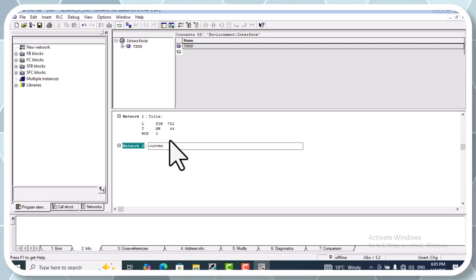MV is divided by 27,648, multiplied by, for example, we used 1000 as a high level, and let's use 900 here, and plus 1000 minus 900 plus 100.